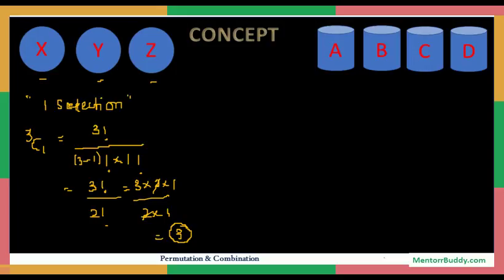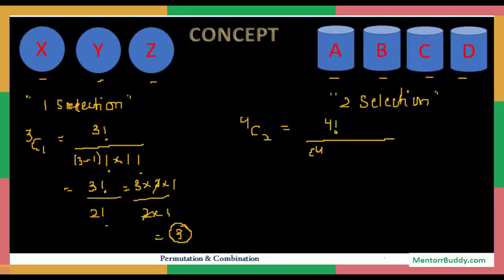Similarly, let's say there are 4 containers and we need to select 2 containers out of these 4. We can solve this as 4C2. Mathematically, 4C2 becomes 4 factorial upon (4 minus 2) factorial into 2 factorial.